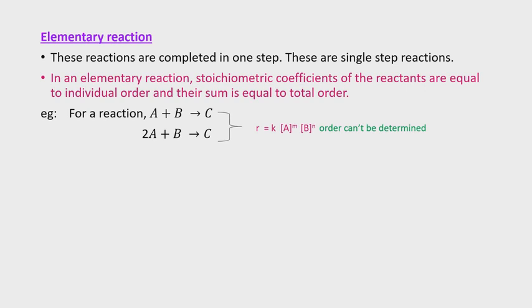R equal to K into A power M B power N. Here M and N represent order of the reaction, order of the A and B respectively. M and N are experimental values, so here we cannot determine the order.